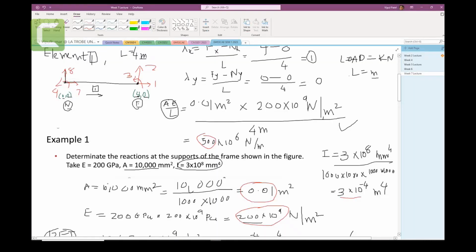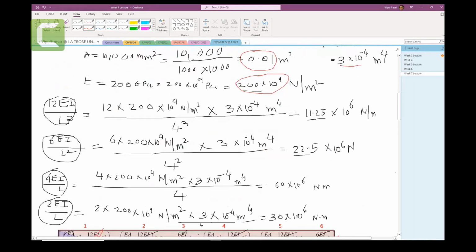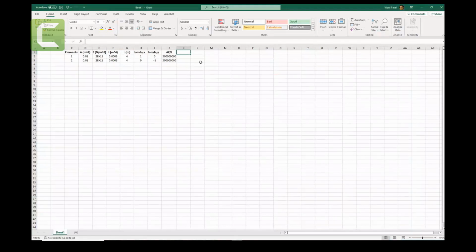Second, we need 12 EI on L cubed. So 12 times E times I divided by L cubed. So you have 12 EI on L cubed.